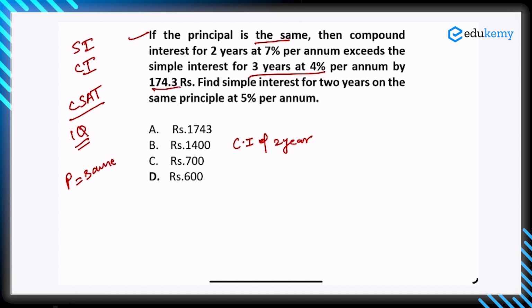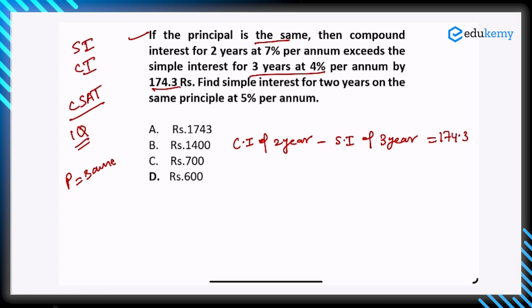Means 2 years का compound interest at a 7% rate 174.3 रुपये ज़्यादा है than the 3 year simple interest. So we can write here: compound interest of 2 years minus simple interest of 3 years is equal to 174.3. This is the question we want to say.